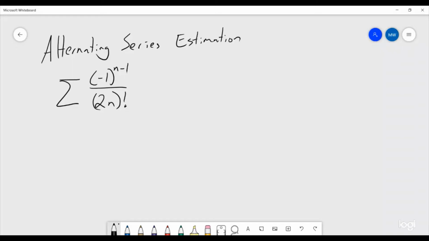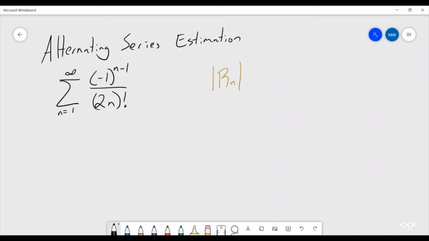The alternating series estimation says that the remainder of the nth sum, so this is n equals 1 to infinity.